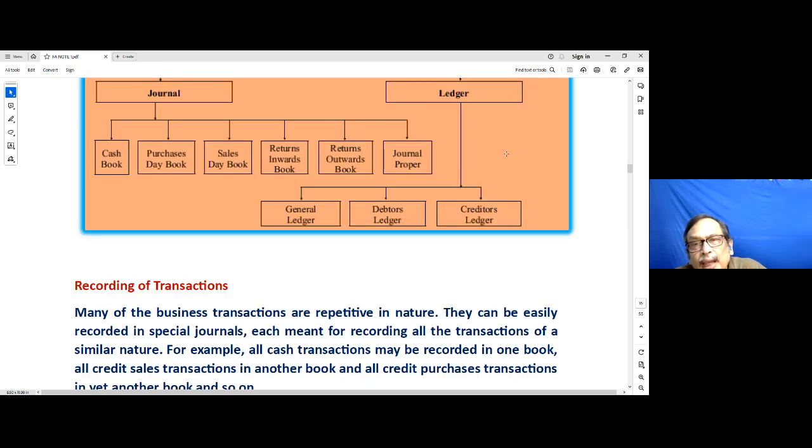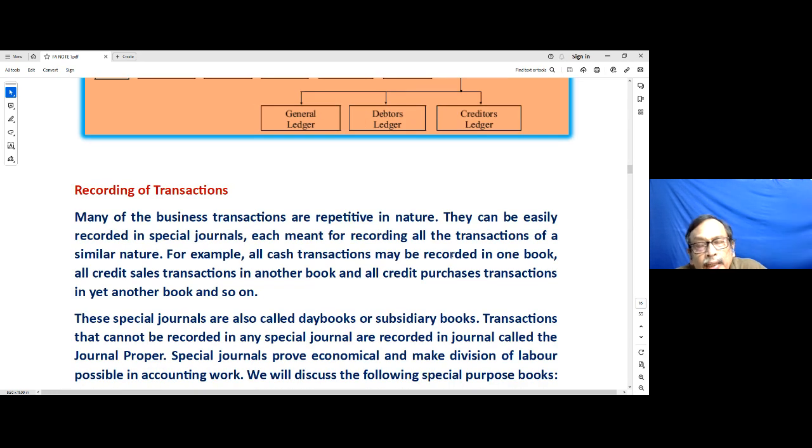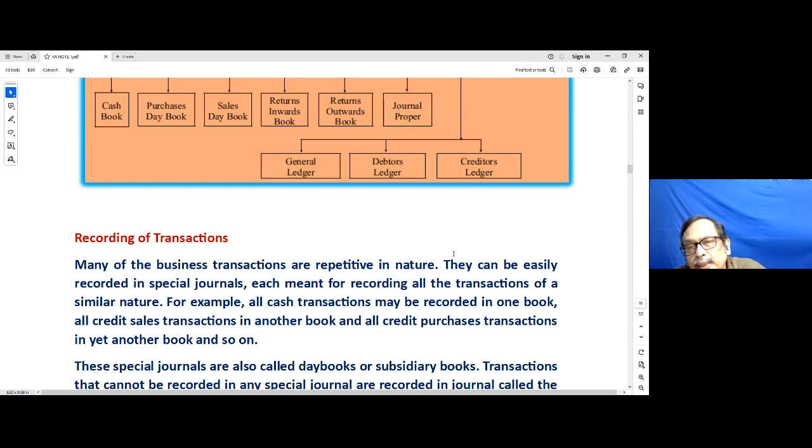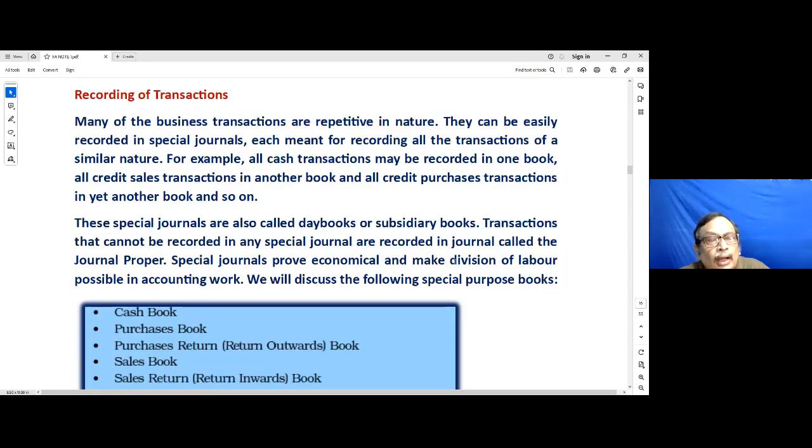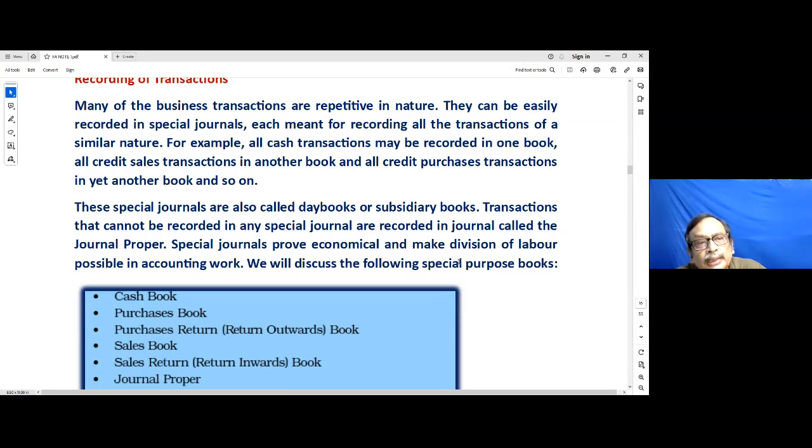Apart from that, in ledger, we have general ledger, debtors ledger, and creditors ledger. General ledger records all nominal accounts. Debtors ledger is related to debtors accounts, and creditors ledger is related to creditors. So debtors ledger is related to credit sales, and creditors ledger is related to credit purchases.